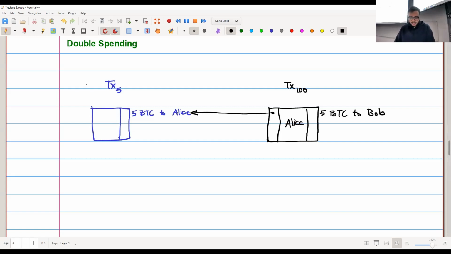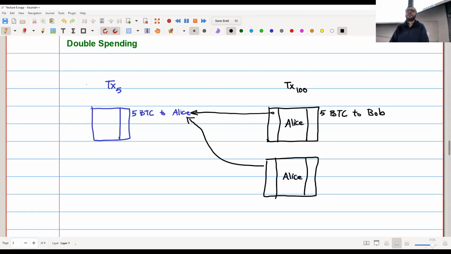But then let's say that at the same time, or maybe a little bit before or after that, Alice creates another transaction. And she refers to the same money. So she gives a pointer to the same money and says, I want to use these 5 Bitcoins and I want to pay these 5 Bitcoins to Carol.